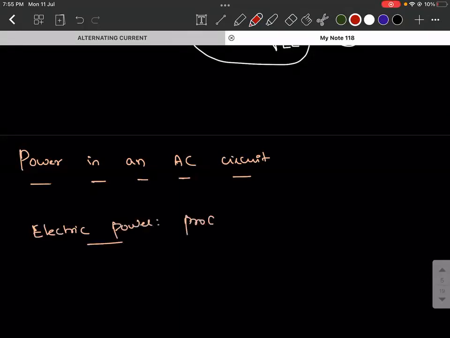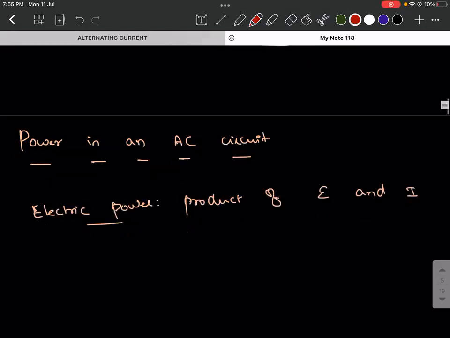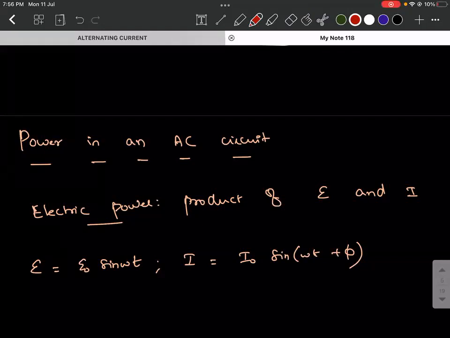It is a product of E and I. Is it right? E is equal to E naught sine omega t, and I take I as I naught sine of omega t plus phi. Why did I take it plus phi? Because if I take it as omega t, then I'm saying that the circuit is a resistive circuit. It need not always be so.